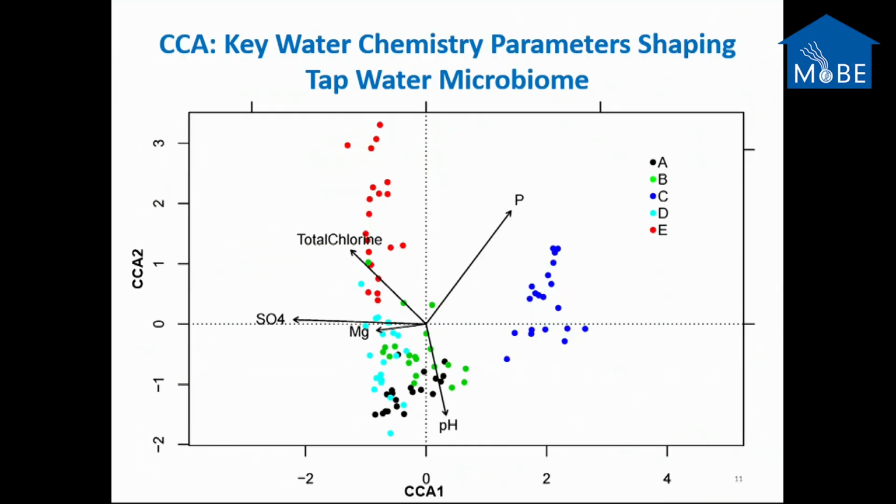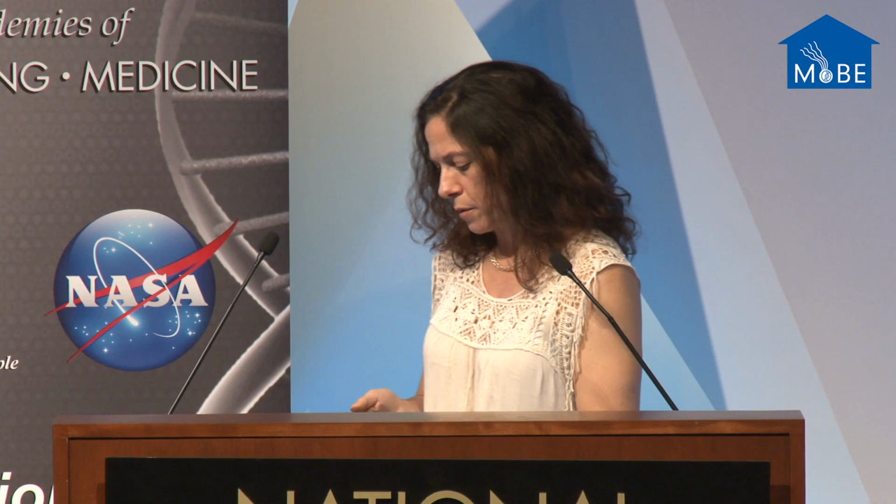And so this means that the municipal water quality is an overarching factor shaping the microbiome. And when we look at canonical correspondence analysis, we see that it's things like disinfectants and nutrients and pH that are shaping the microbiome.